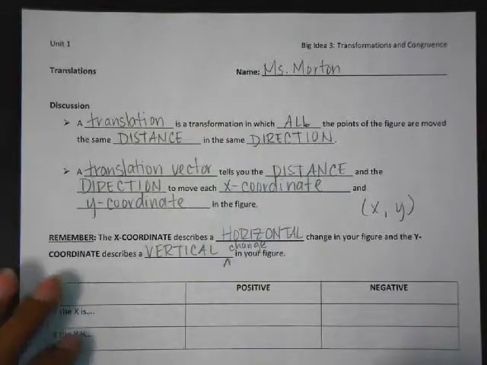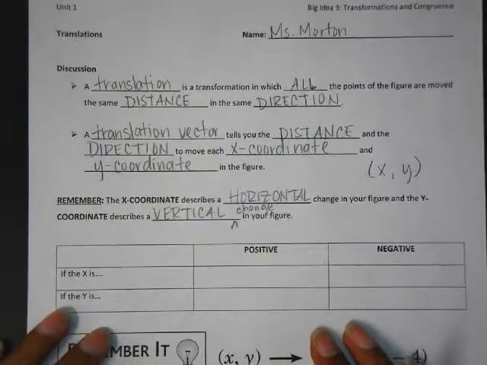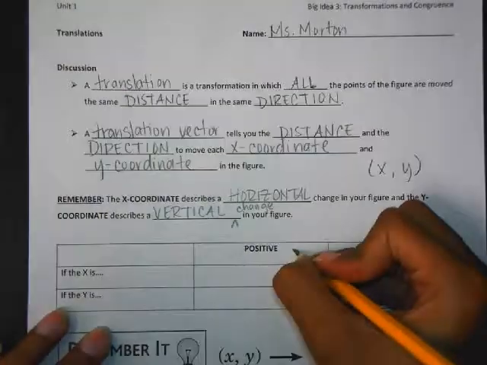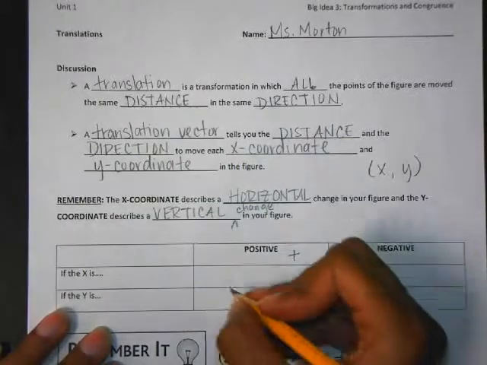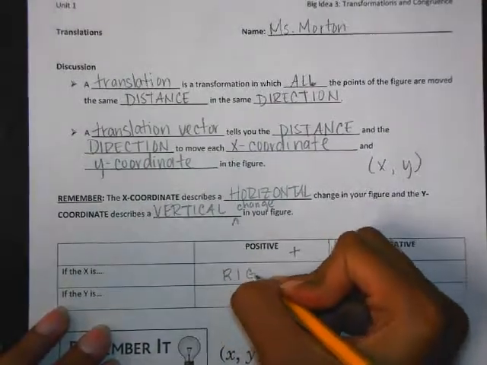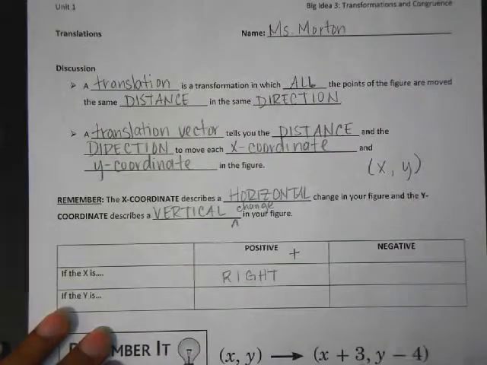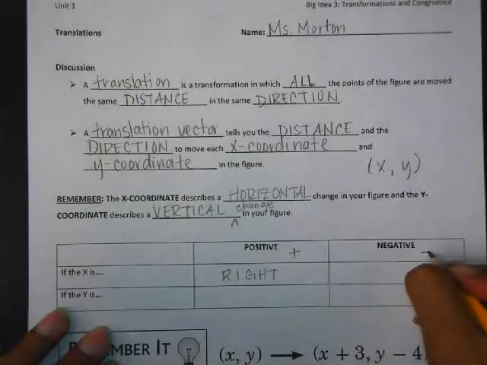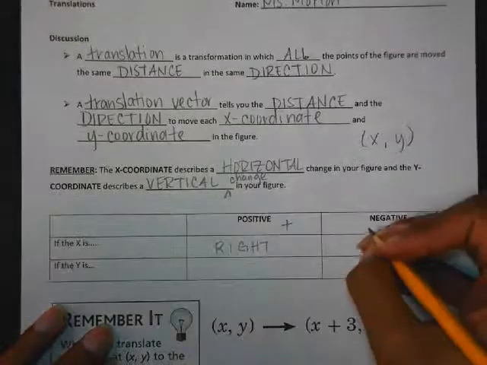Now, when you're looking at a translation vector and the rule, if the x is positive, or if you see the plus sign, the addition sign, then you're going to move the figure to the right. If the x is negative, or if you see the minus symbol, then you're going to move the figure to the left.